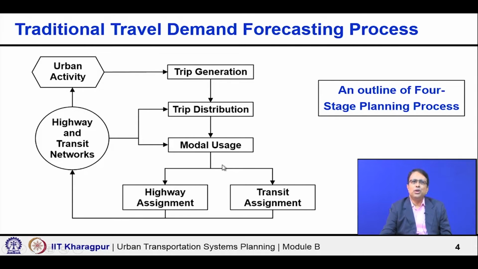Why? Because both trip distribution and mode choice decisions depend on the highway and transit networks, that is, the characteristics of the transportation system become very, very important.